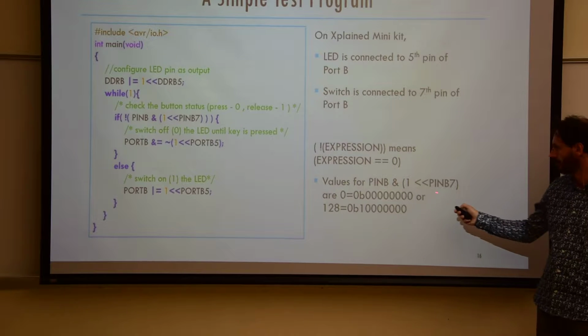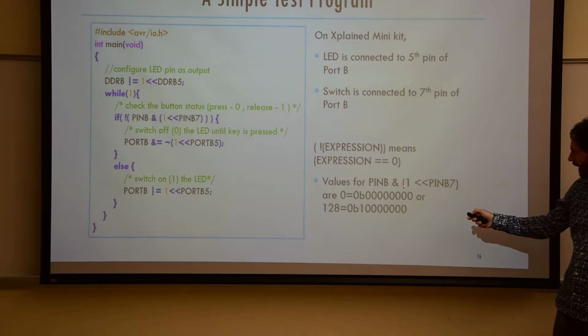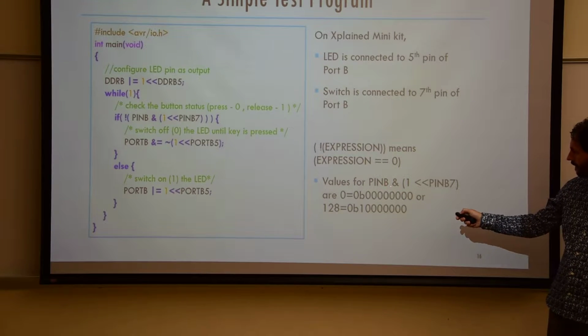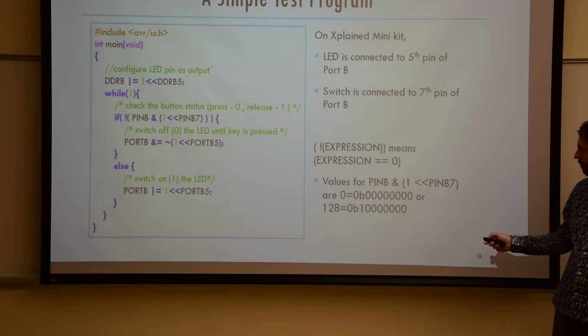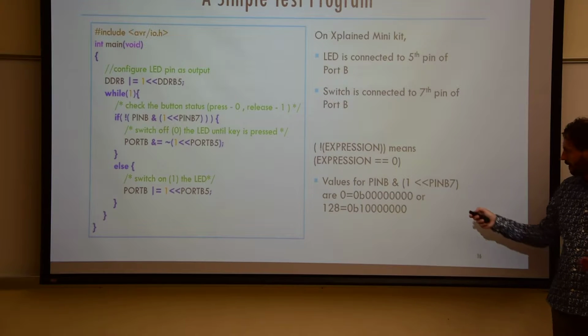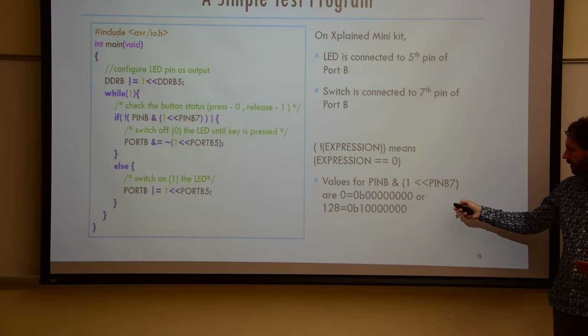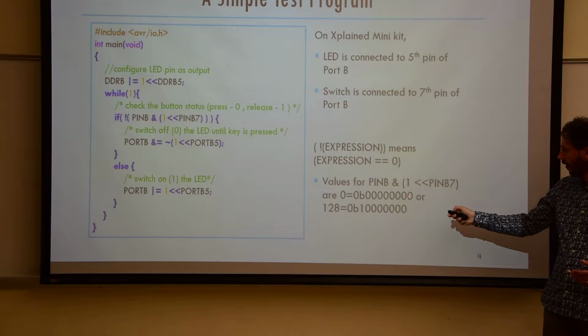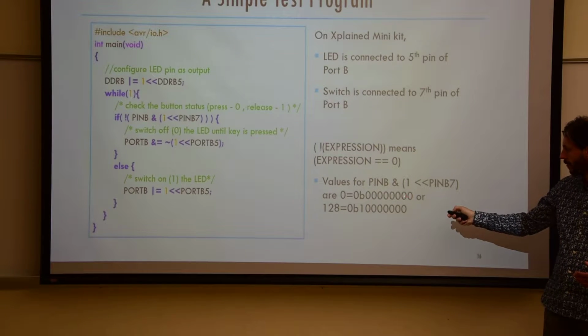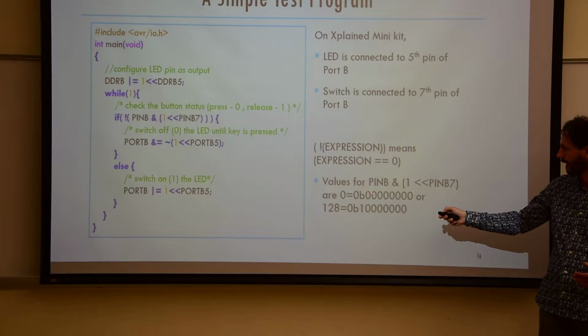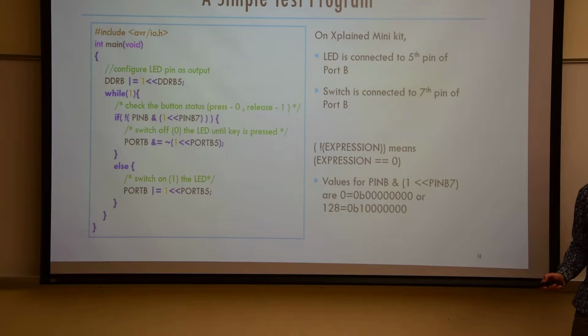So let's have an example. So if I look at this particular guy, I see pin B, and if I add it with a 1 shifted over pin B7 positions, I effectively only am interested in the 7th position, because this particular value has all zeros over the first, the position 0, 1, 2, 3, 4, 5, 6, and has a 1 on the 7th position.